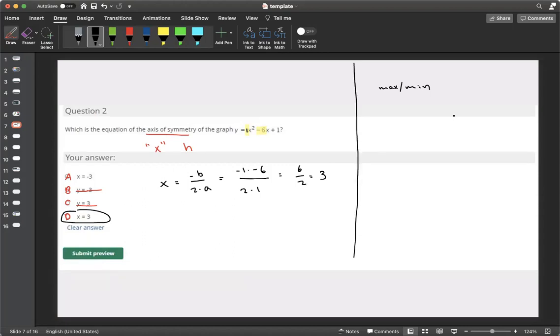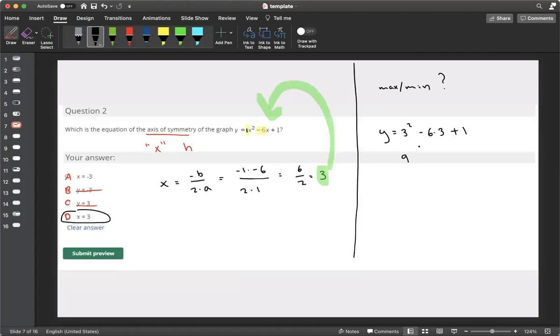But wait, what if they were like, what is our maximum and minimum? So our maximum or minimum, how we find that, that is going to be the y value. So we're going to take this 3, and we are going to plug it into that equation. So instead of x squared, we have a 3 squared. Instead of minus 6x, we have minus 6 times 3, and then our plus 1 stays the same.